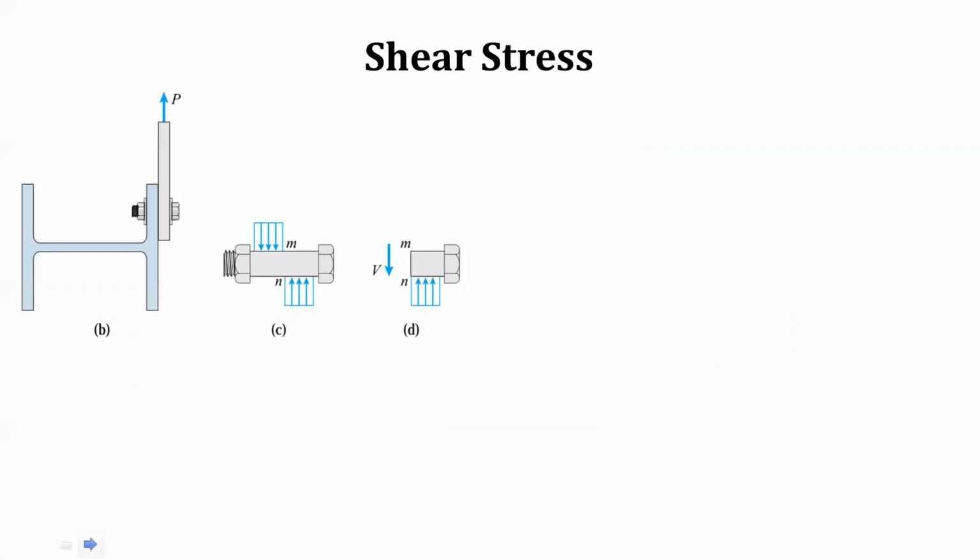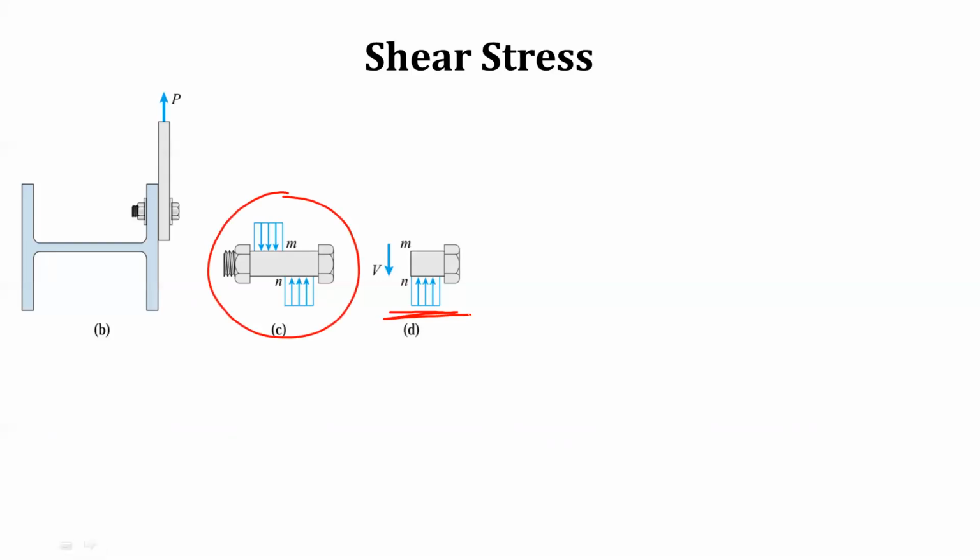I will show you another example again. See here, there is a bolt which clamps another part to the horizontal I section, and here is the free body diagram of the bolt, and there are two loads acting in equal and opposite directions. If I take the cut section, what will happen?